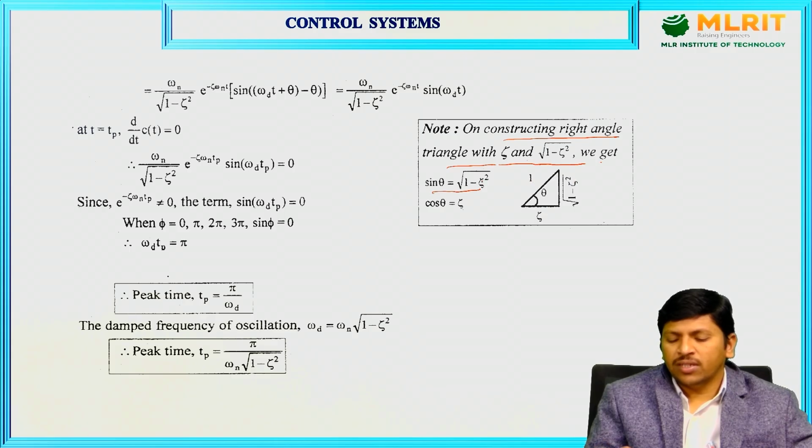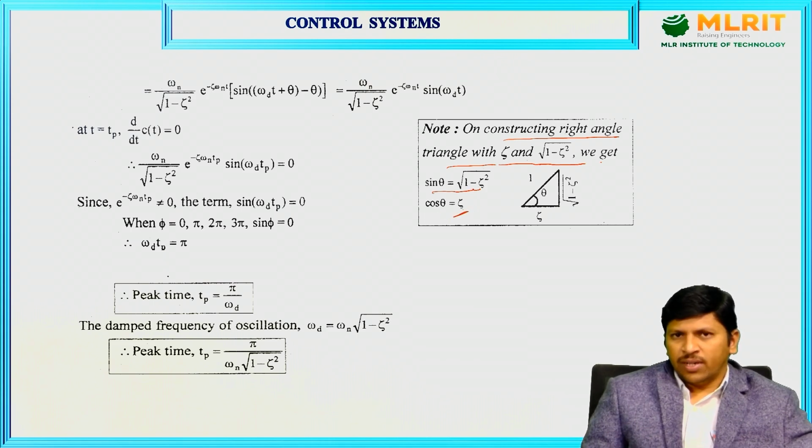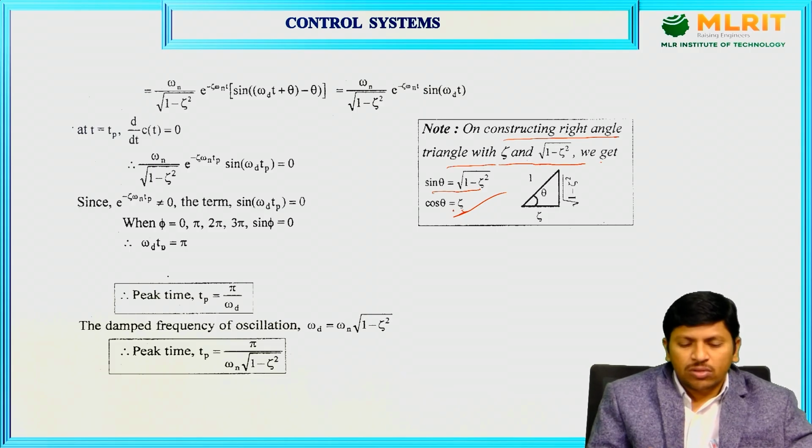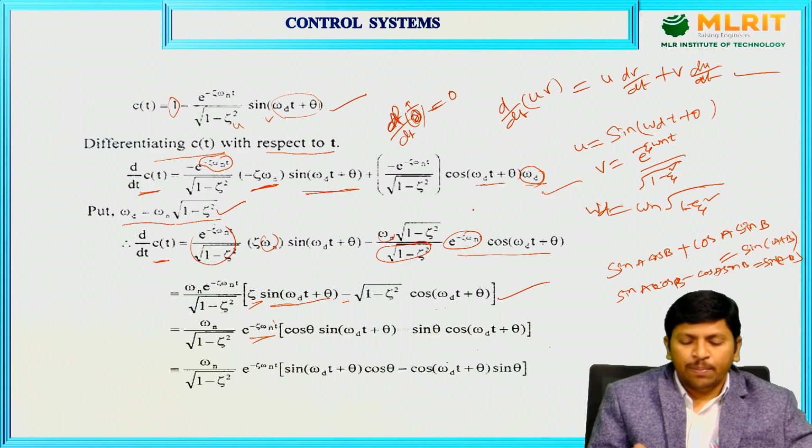So under root 1 minus zeta square divided by 1 is nothing but sin theta. Cos theta is nothing but adjacent by hypotenuse. Adjacent is nothing but zeta, zeta by 1 is zeta only. So sin theta is under root 1 minus zeta square, cos theta is zeta, right? So now these two terms we are going to substitute in place here.